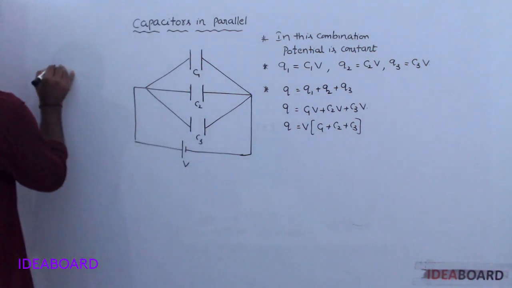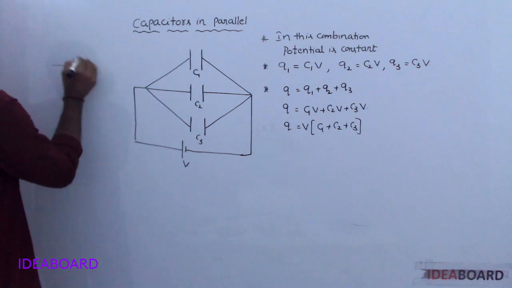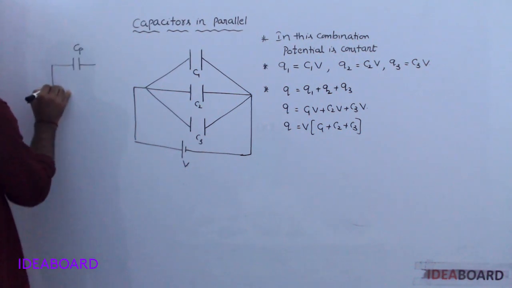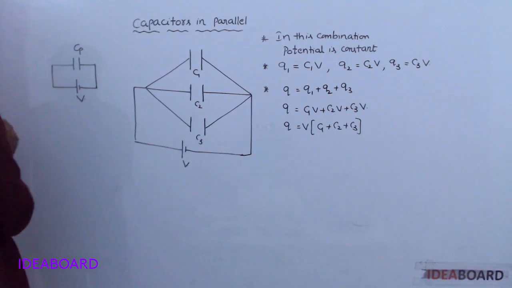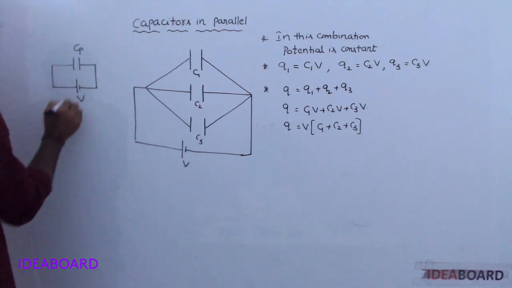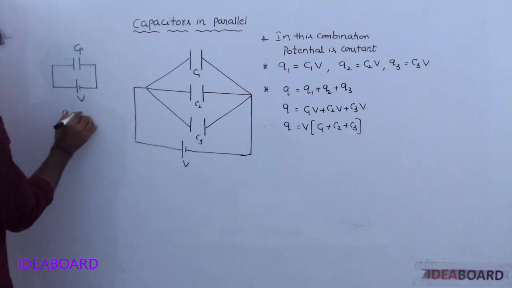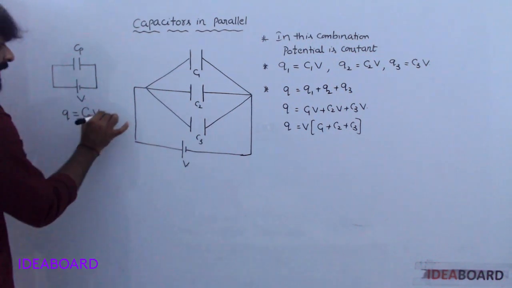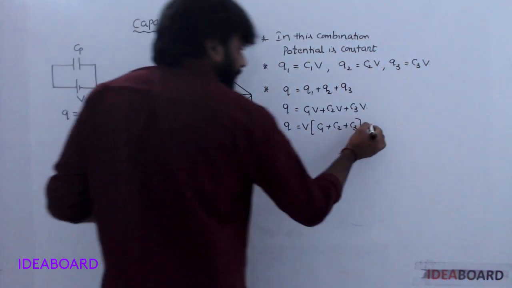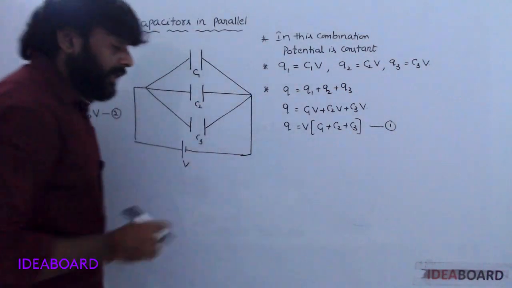See, it is one single capacitor, and the same source is connected to this battery. Now it draws the same charge. Q is equal to Cp into V. Understood? Okay, this is equation number 2, and that one is equation number 1.